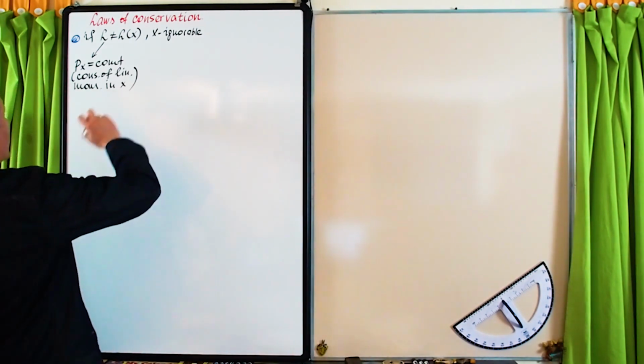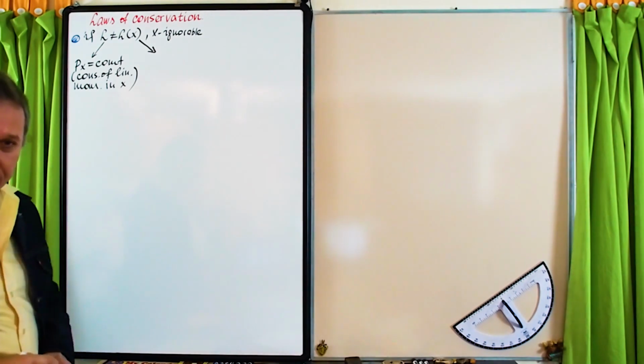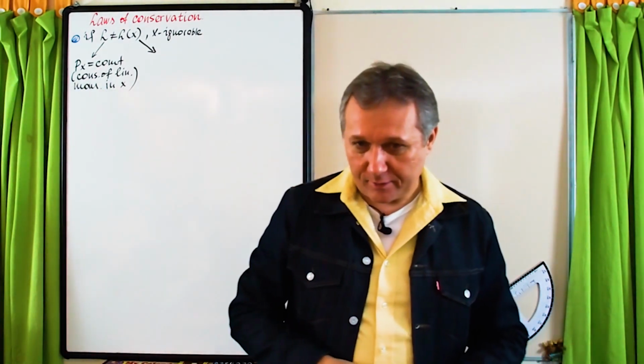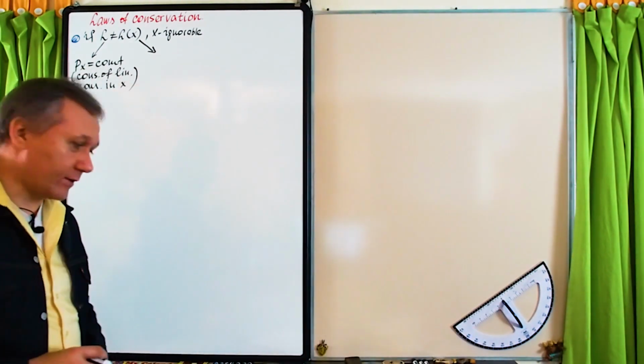Now let's look at this function L. It's not a function of x. So we can say that L is invariant under the translation along the x direction.